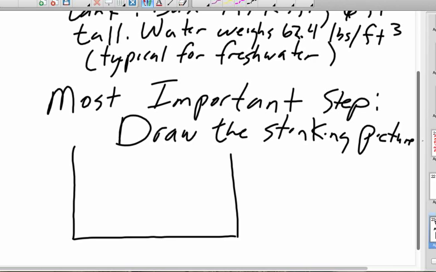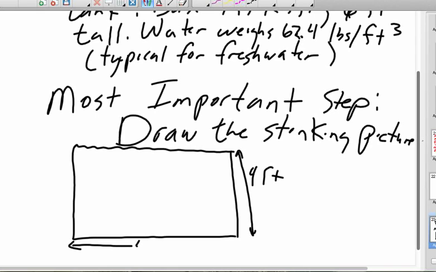All right, here it is, and when we're full, this height is 4 feet, and this is 5 feet, and of course it goes back 4 feet and goes up.